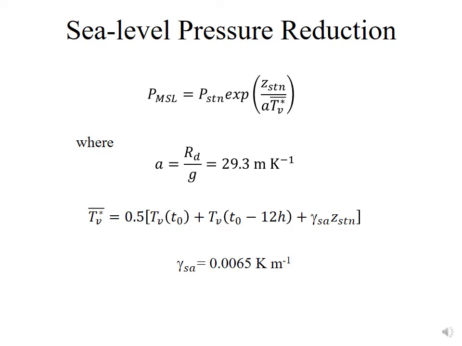So what we're doing is we're assuming that the atmosphere between the station and sea level, the temperature decreases at the average standard atmospheric lapse rate of 0.065 K per meter.